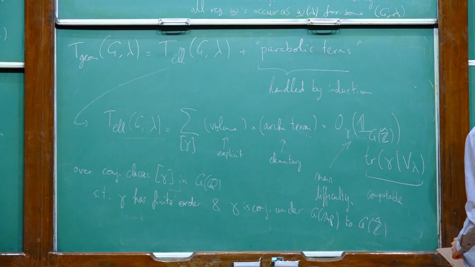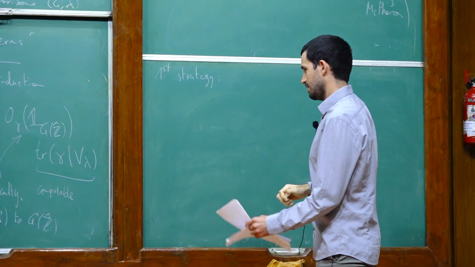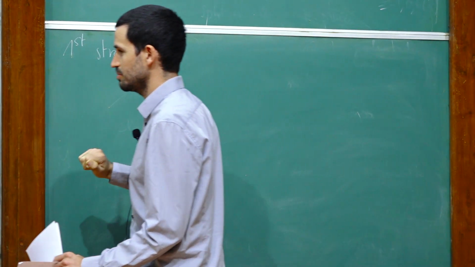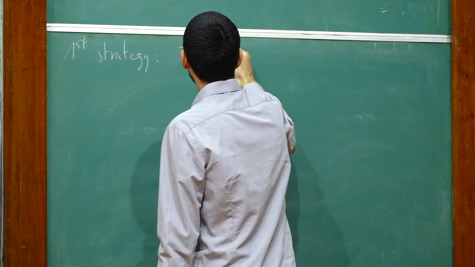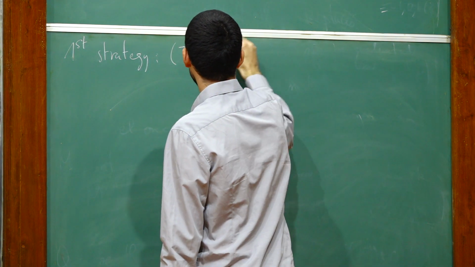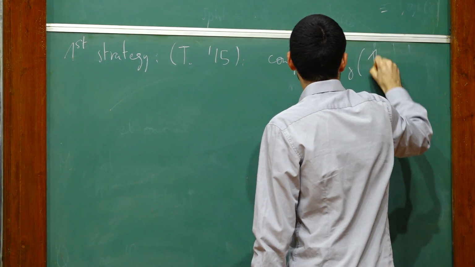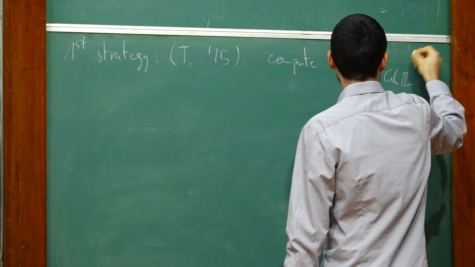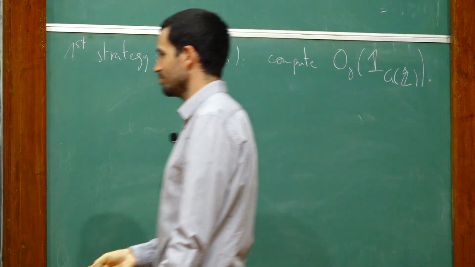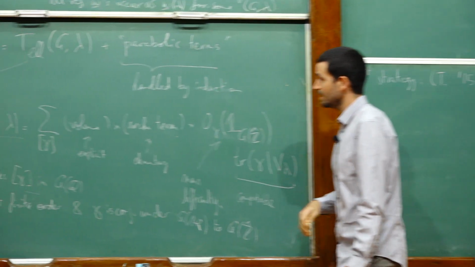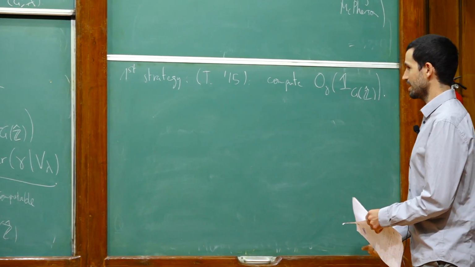So the first strategy, the one that I, maybe let me add, first strategy in my paper is just compute. I was young and brave, so I just computed these orbital integrals. So I gave an algorithm to compute these orbital integrals, and it worked up to the ranks that I mentioned at the beginning.